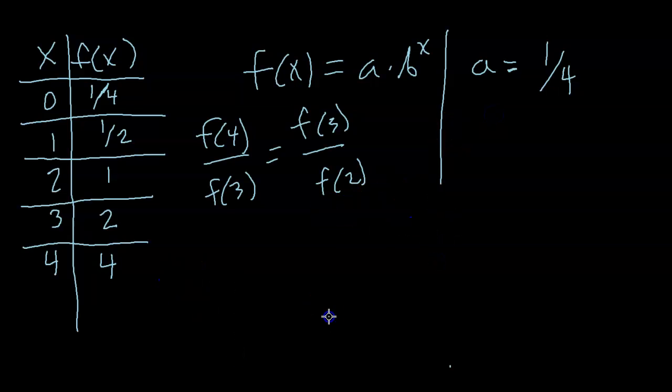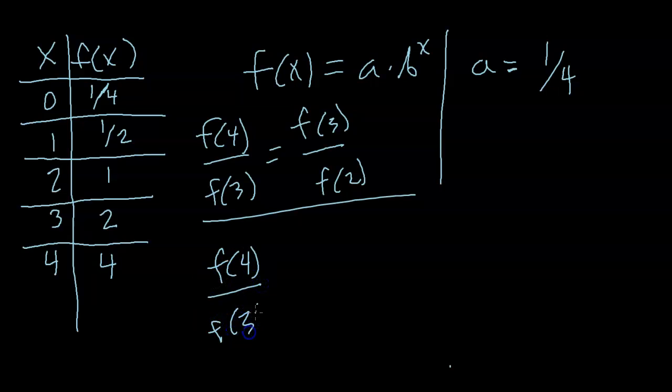Okay, there we go. And well, let's try to evaluate both of these particular examples just to make doubly sure that we get the same number, right? Okay, well, what would be f of 4 divided by f of 3? Okay, f of 4 is 4, and f of 3 is 2. What's 4 divided by 2?